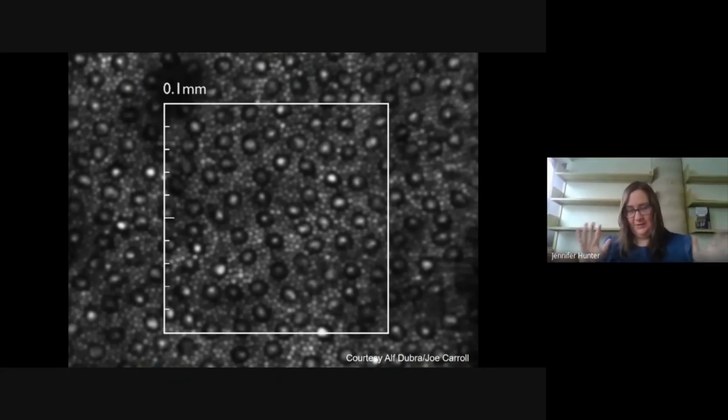So we're trying to zoom in, look past the fundus photo, and look into things at a cellular scale, so we can understand how things function, what cells are changing in different disease processes or with aging. And then we can start looking at different treatment strategies.